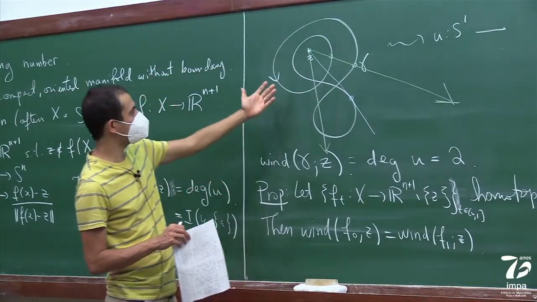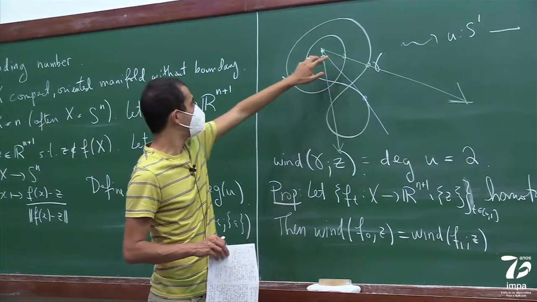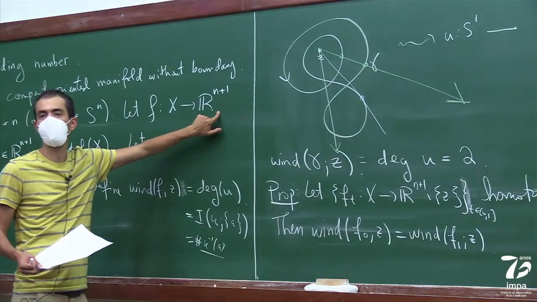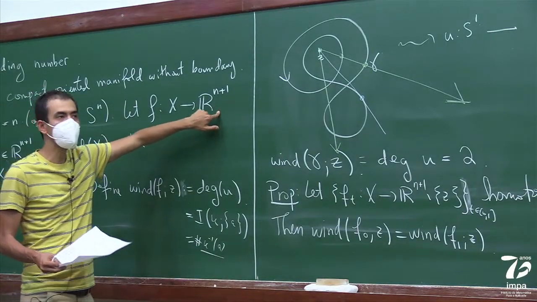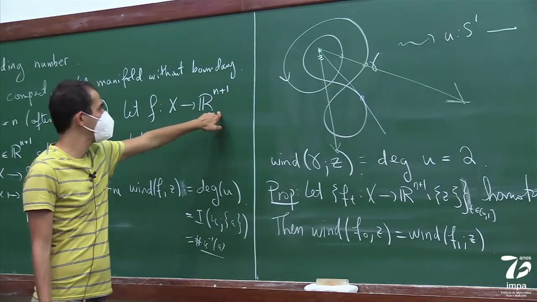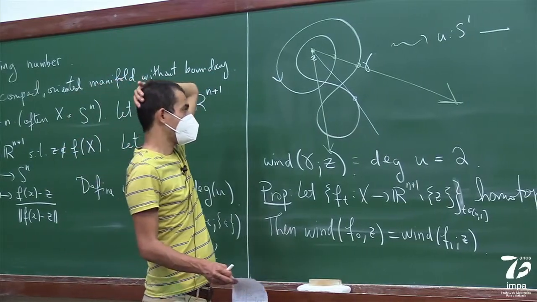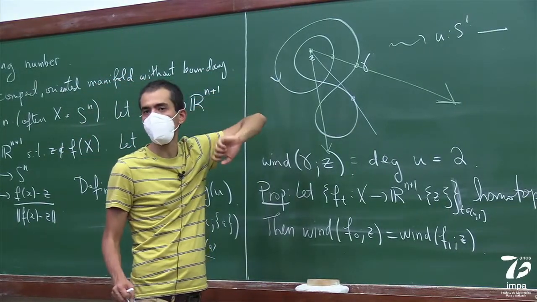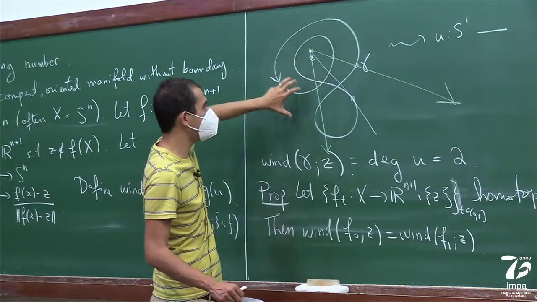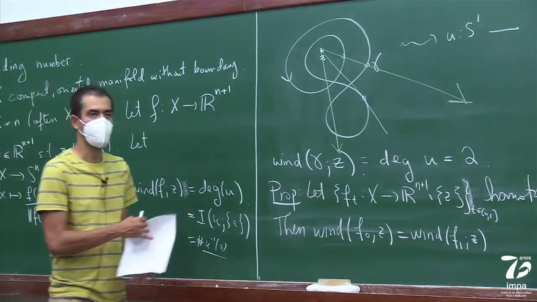Sometimes you can't do that. In this case, because the target is R^(n+1), there are not a lot of obstructions to doing that. At least in a continuous fashion, it's not so hard to see you can do it because this is contractible and you can smoothen it out by a little perturbation. So you can often do that.